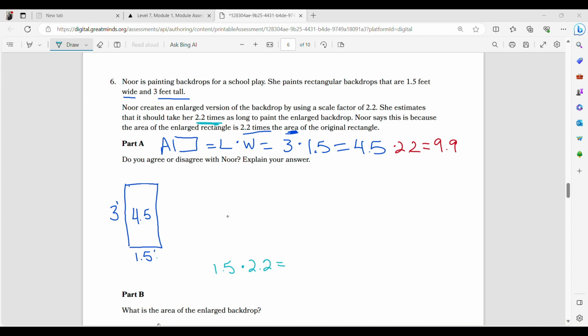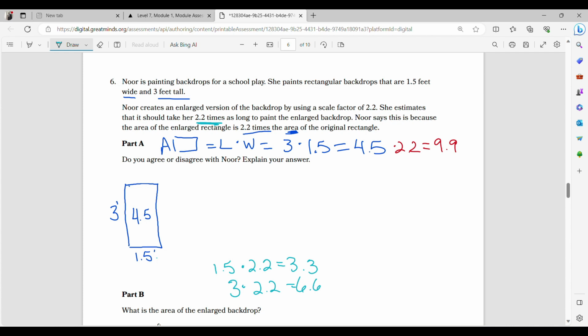Correct. All right. And then 3 times 2.2 equals 6.6. So I see you guys jumping to conclusions. 3.3 plus 6.6 equals 9.9.